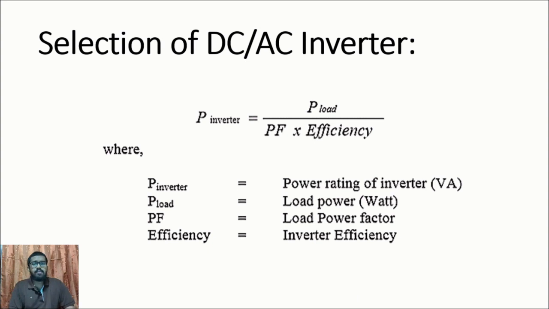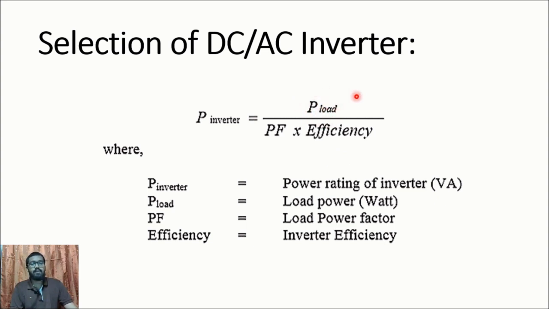Okay, now inverter will be needed to use the AC loads. So you can use this equation for selecting an inverter, where P load means the load in watt for the AC loads. You have to consider only AC loads here.